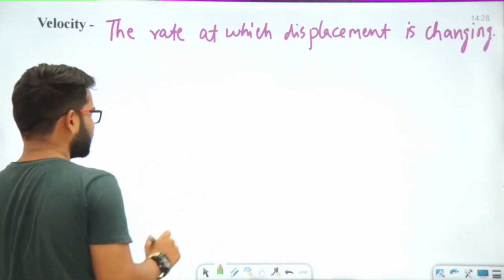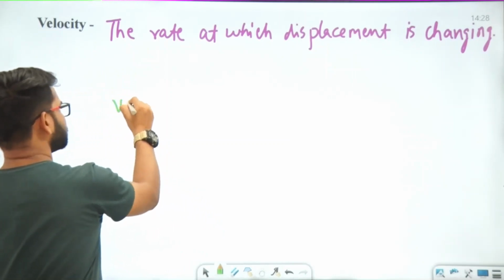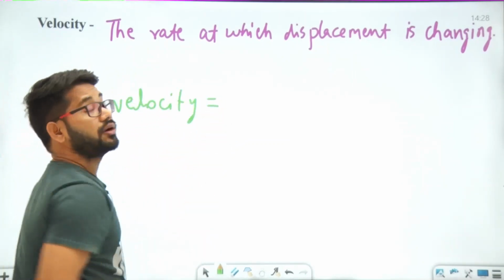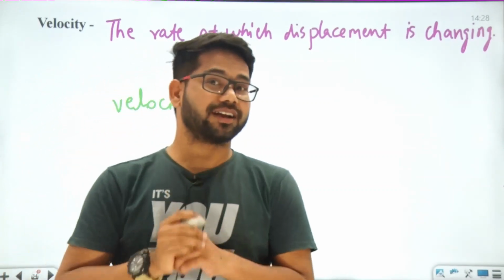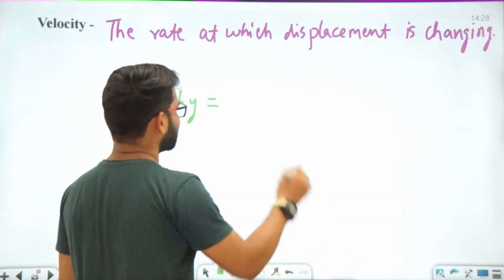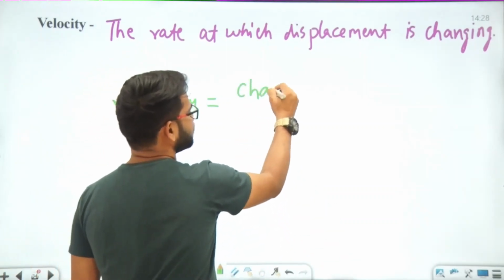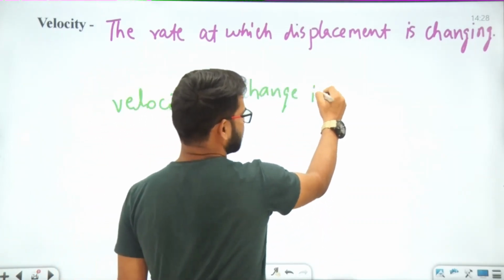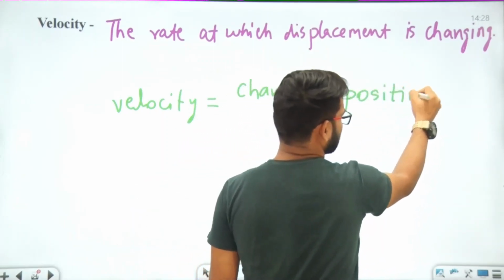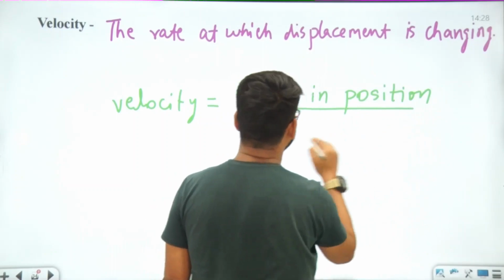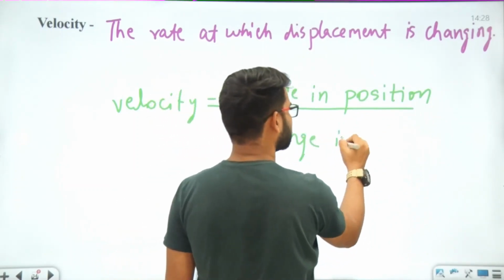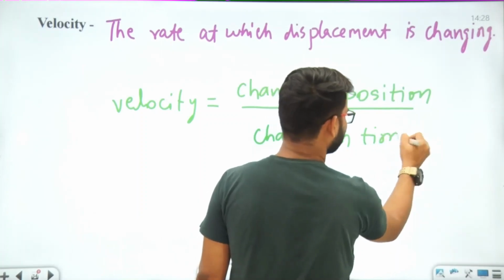So we can write velocity as, remember we are talking about when velocity is constant, right? Velocity is change in position over change in time.